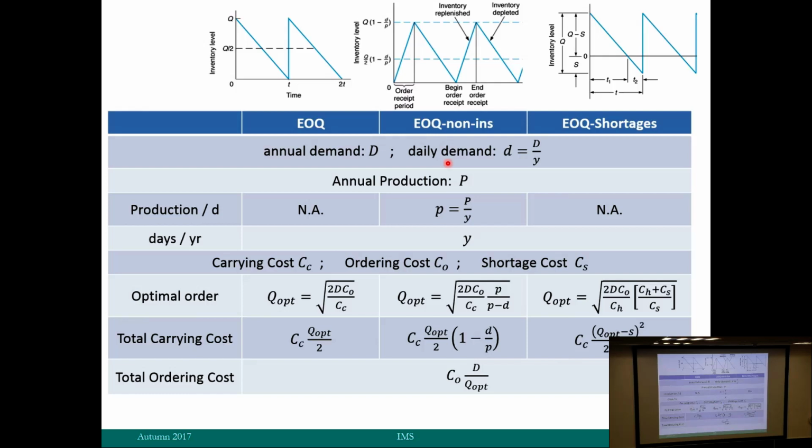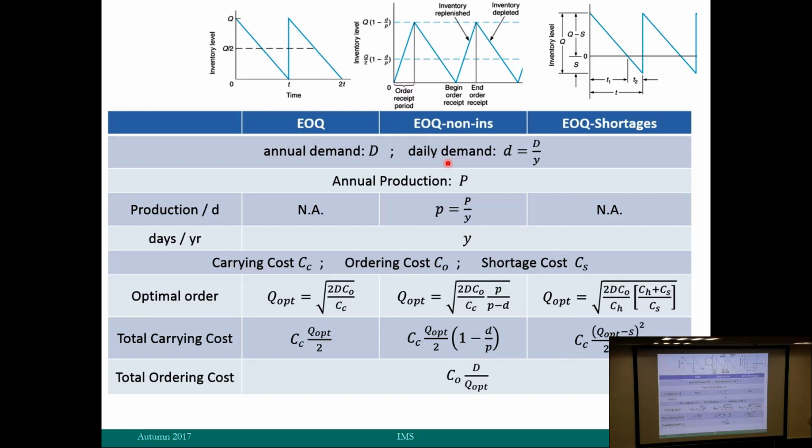And apparently we can derive different optimal quantity equations in here. And total carrying cost is pretty much similar: it's based on the carrying unit cost times the average inventory level.